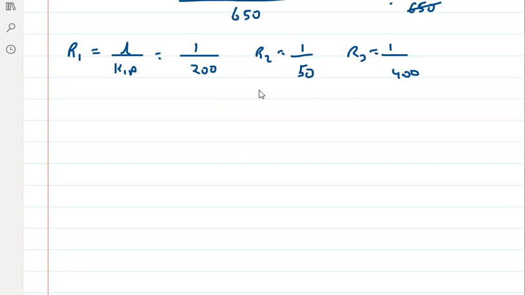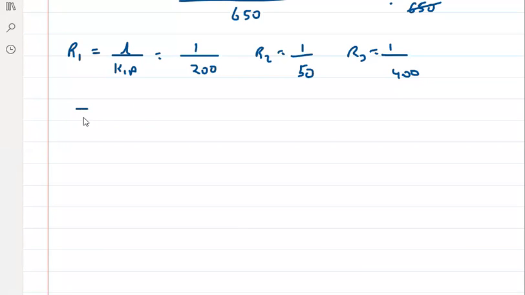Abhiram, you can calculate this in degree centigrade only. You need not find it in Kelvin because we are talking about temperature difference. A difference will be the same in both degree centigrade and Kelvin. Especially in conduction, do not convert to Kelvin because your numerical values will be more difficult.